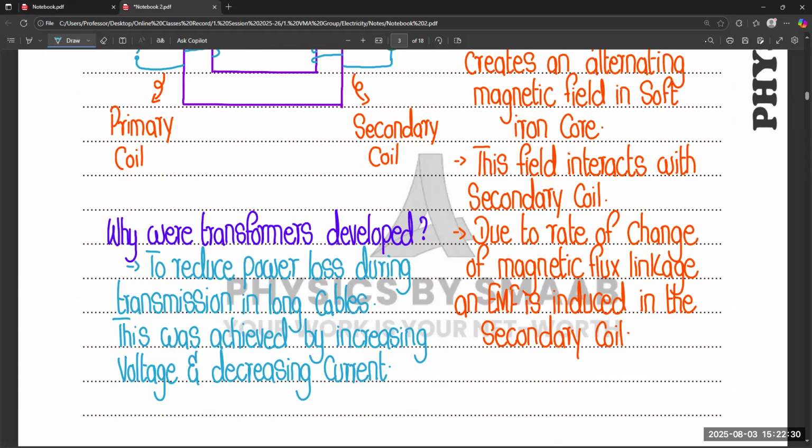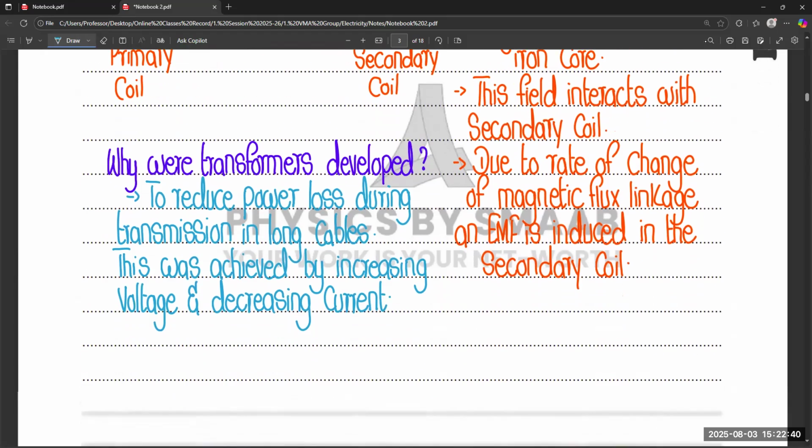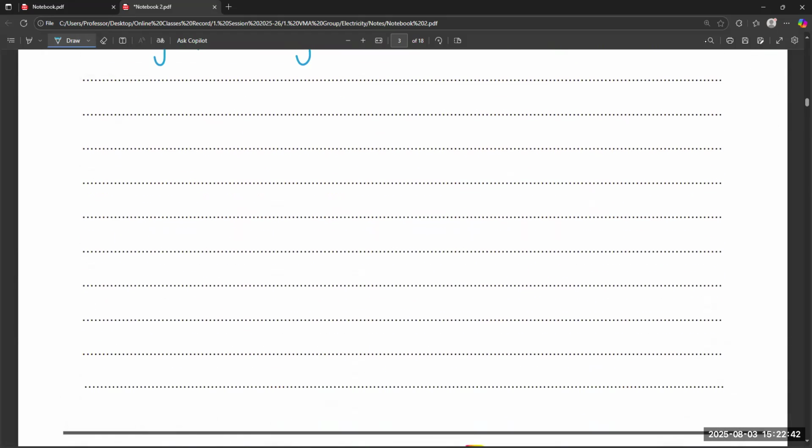And secondly, if we want to decrease the voltage in output, definitely we have to use a step down transformer. So the first category is called step up, and the second step down.